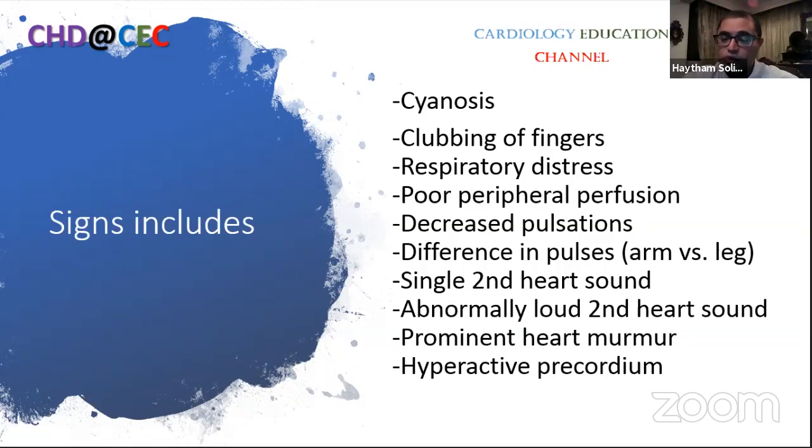So the 2 main indications for cardiac catheterization nowadays are if there is a discrepancy between the other investigations, and if we need to accurately calculate the pulmonary vascular resistance and saturations for these patients.